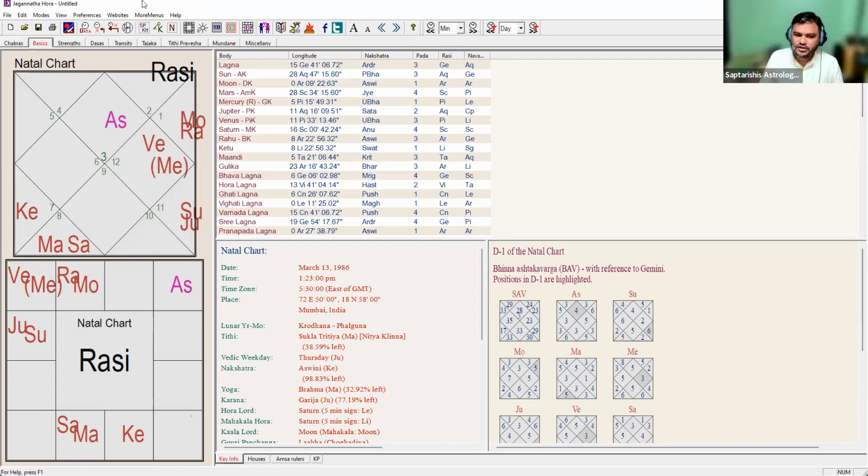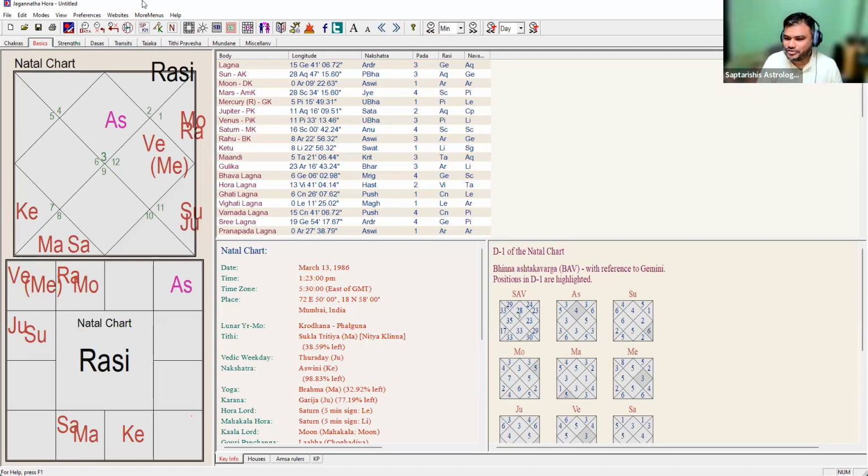And there are 6 ways in which you can make D60. This is one D60 which is visible to you. I can make D60 from the Hora chart. From the Hora chart, I can make the Shashtiamsha. Trimshamsha from the Hora chart, what does it mean? Trimshamsha is D30.